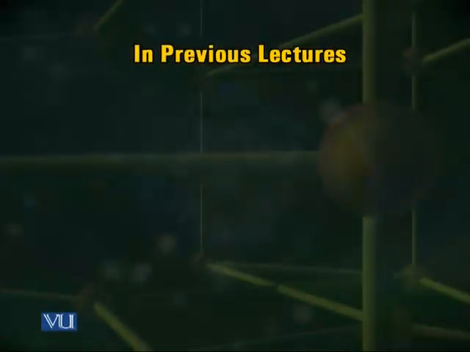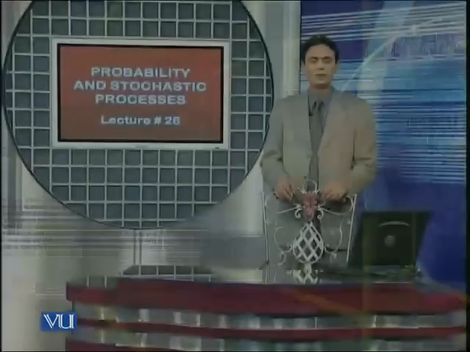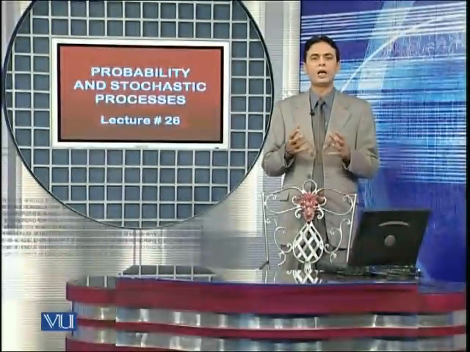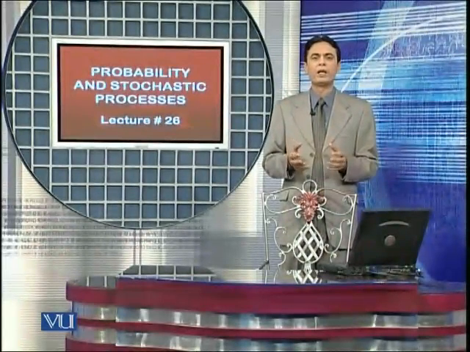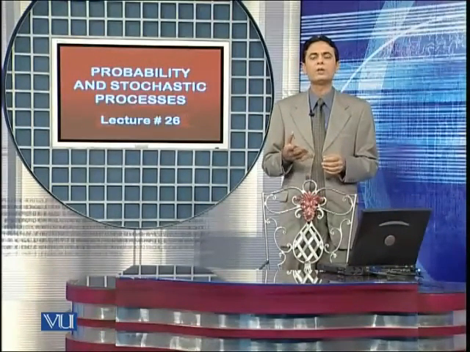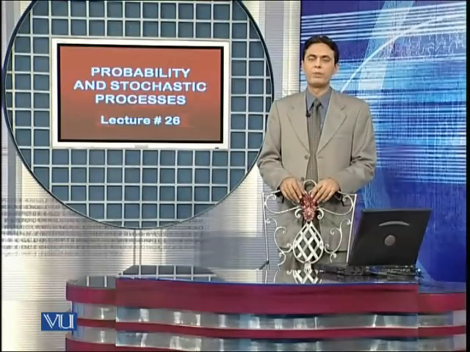In previous few lectures we have been working with transformation of random variables, in which there was an underlying experiment which generated an unpredictable value, and that value represented the underlying random variable or the original directly observed random variable.